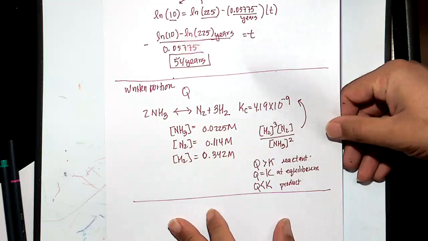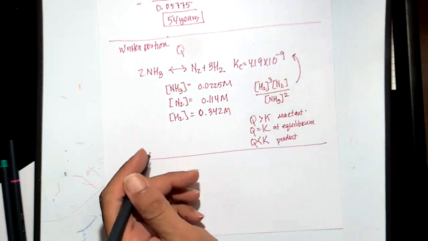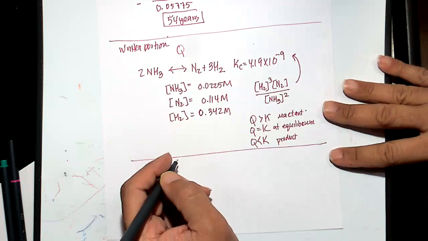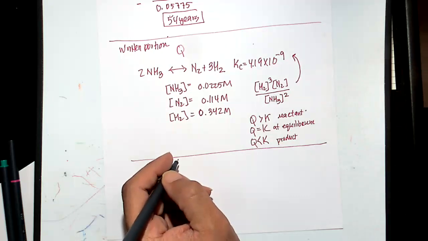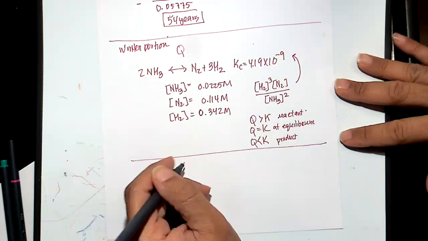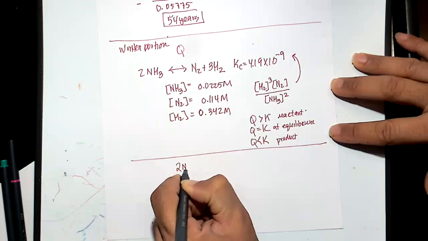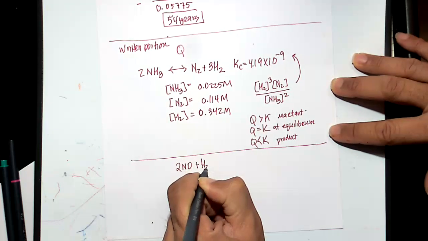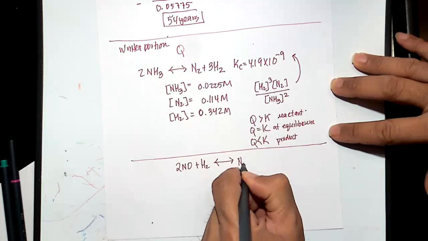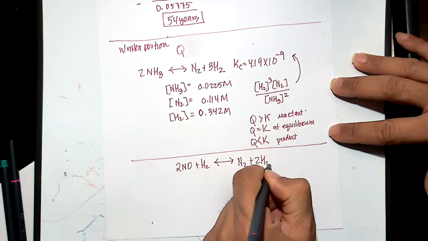Right, I must ask you this. A lot of students seem to not get this here, but so let's say you have this reaction here. 2NO plus H2 is in an equilibrium with N2 plus 2H2O.